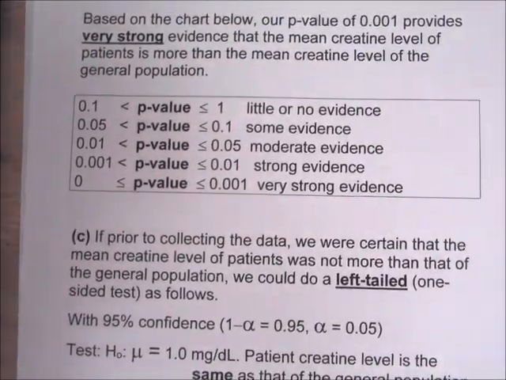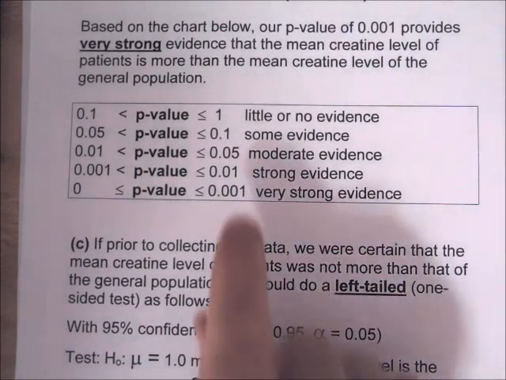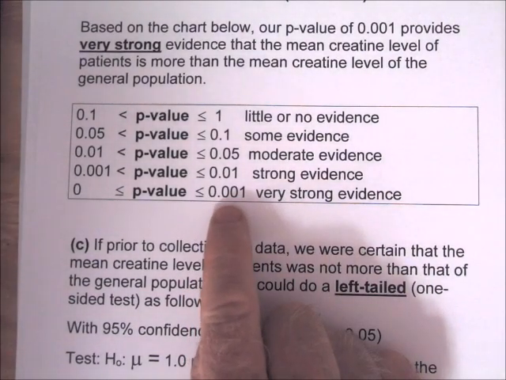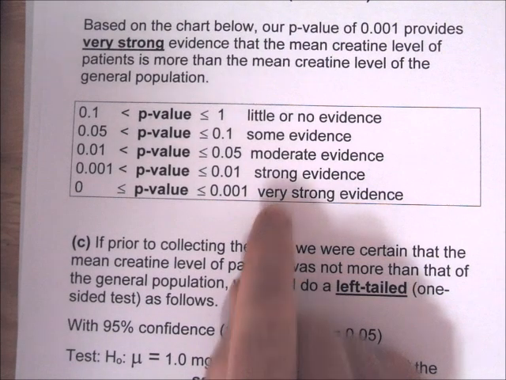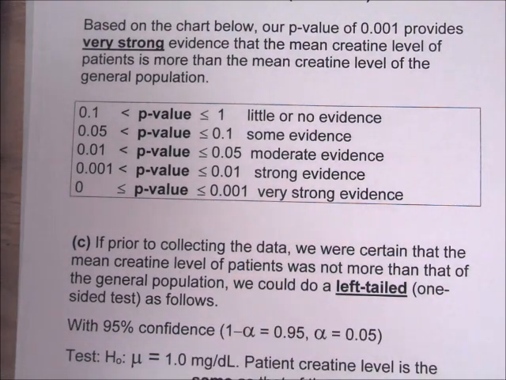Again, we can compare this to the chart here: a p-value of 0.001 indicates very strong evidence that the mean creatine level of patients is higher than that of the general population.